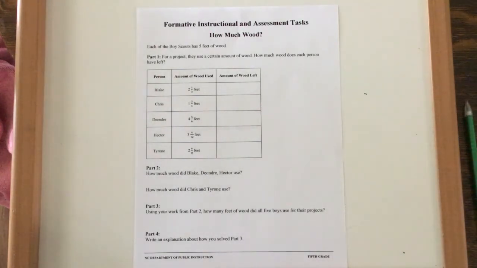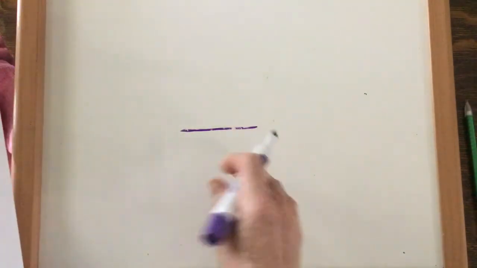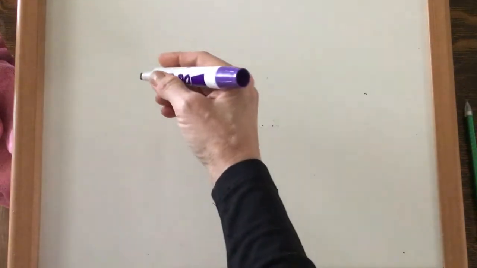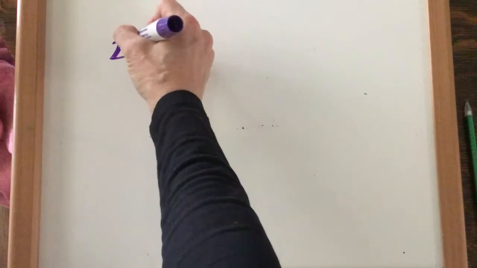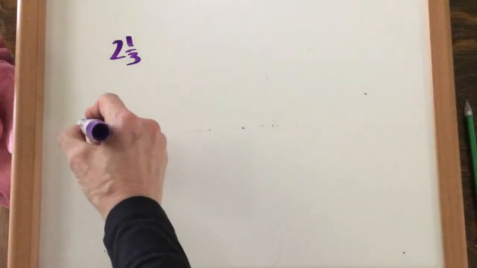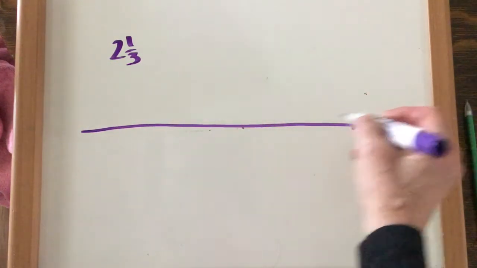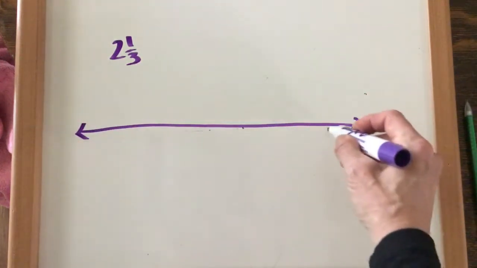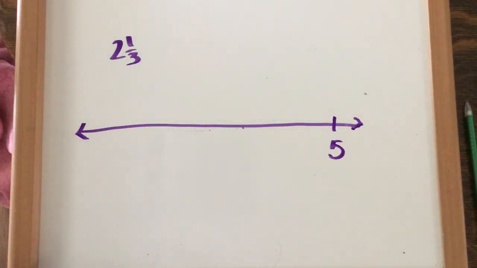So we will do a number line for each boy. Thinking about Blake, Blake used 2 1/3 feet. We know that each boy started out with 5 feet. So I'm going to make a number line, and my end number is going to be 5 because that's the amount of wood that each boy started with.